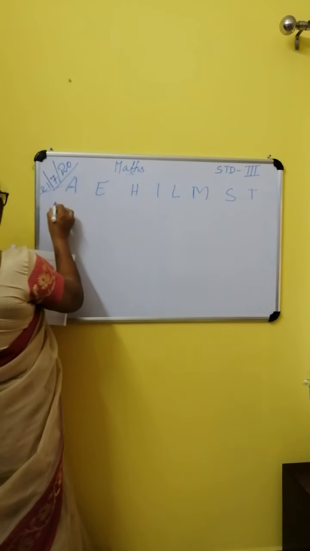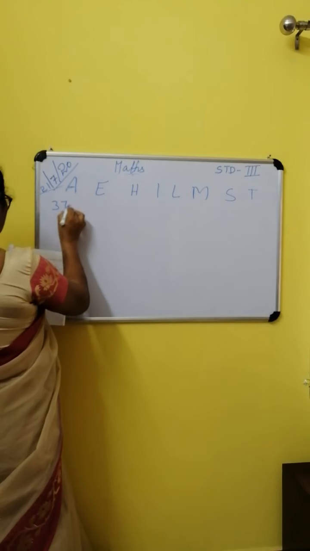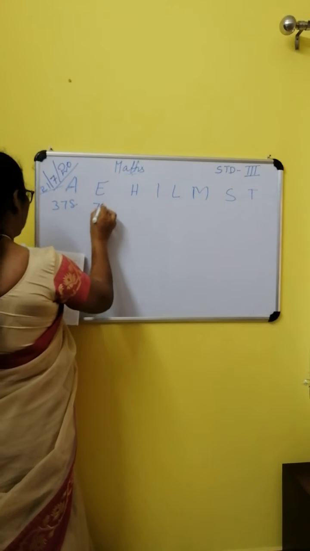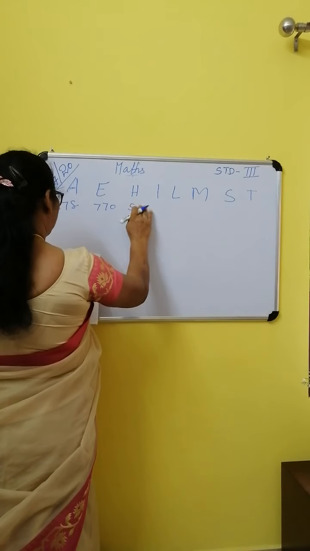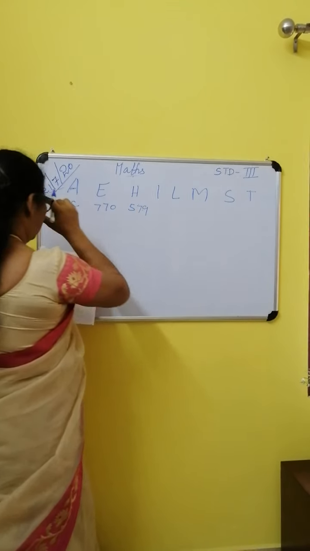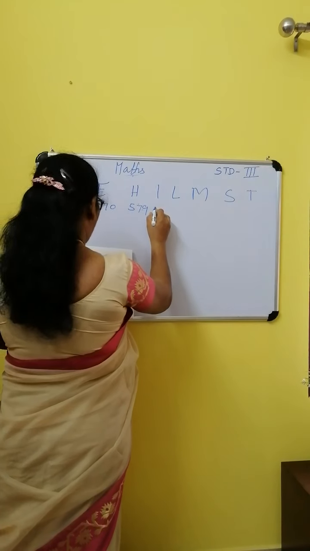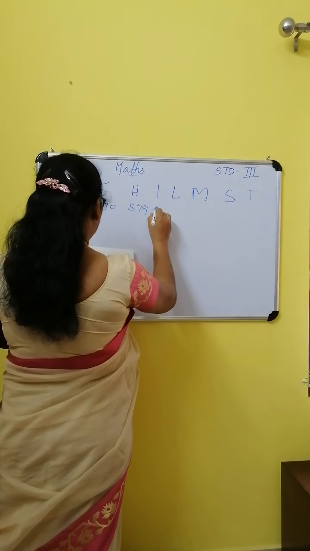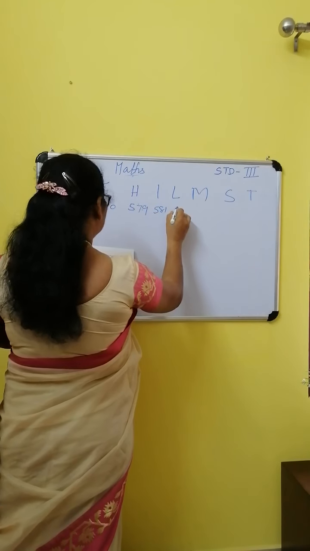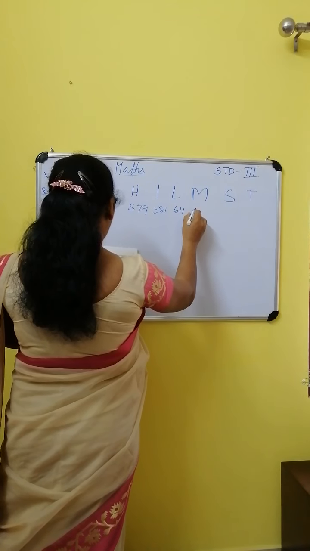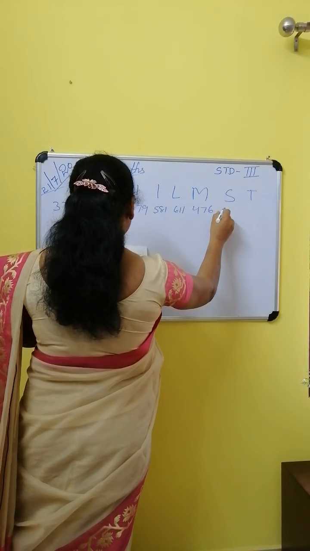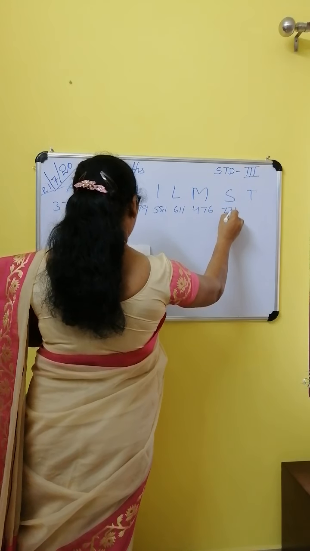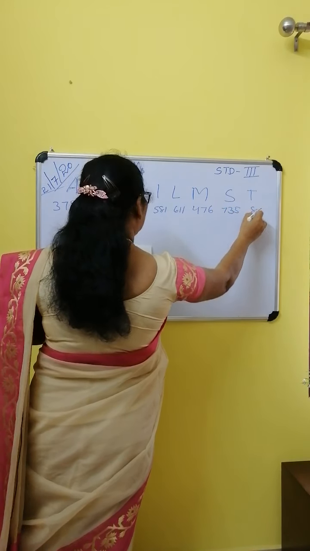Here numbers are given: 378, 770, 579. Here I 581, L 611, M 476, S 735, 860.